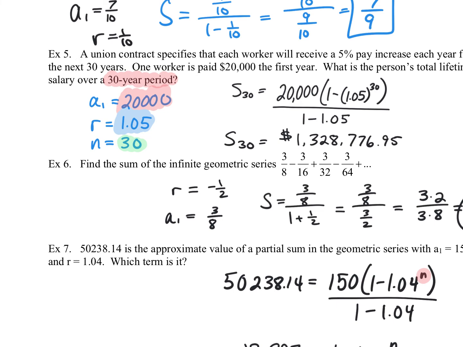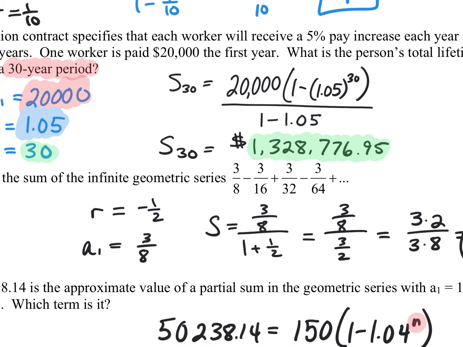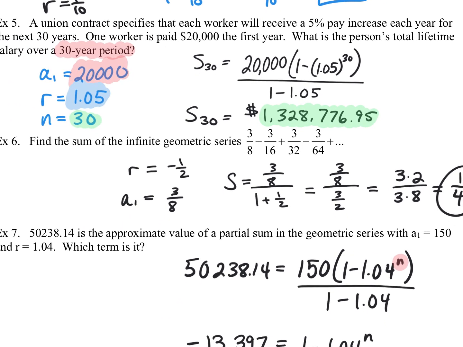So we're going to plug those quantities into our partial sum formula, as you see here in front of you. Let the calculator do the heavy lifting, and we find that after 30 years, this particular employee will have had a combined salary of $1,328,776.95.